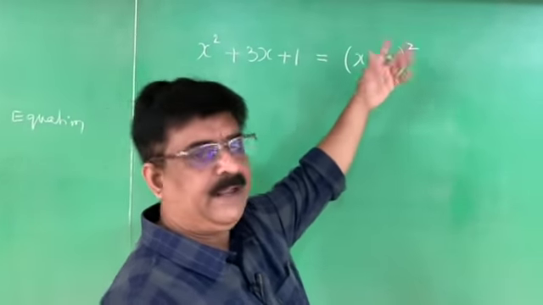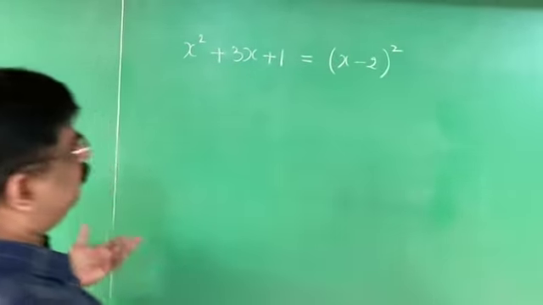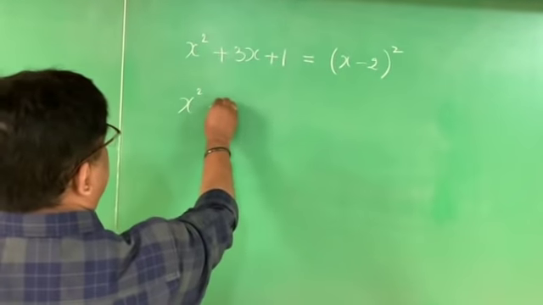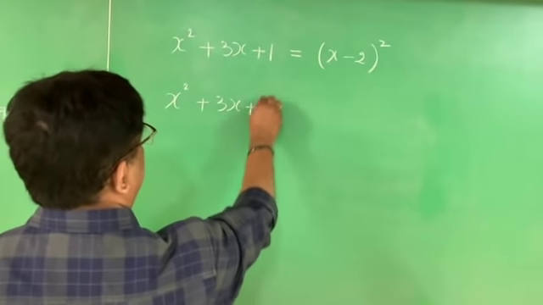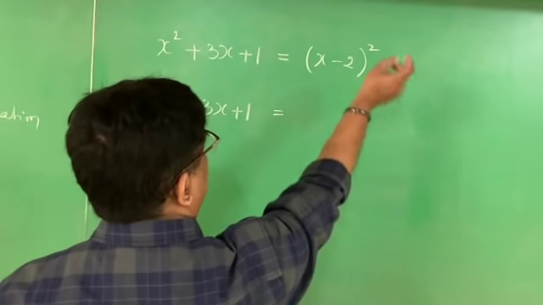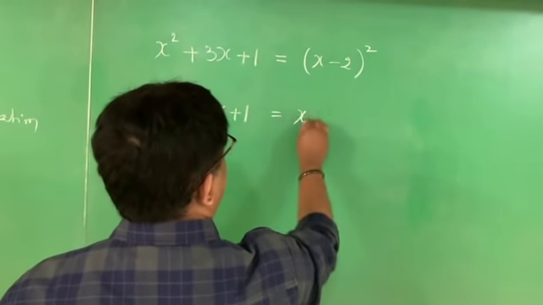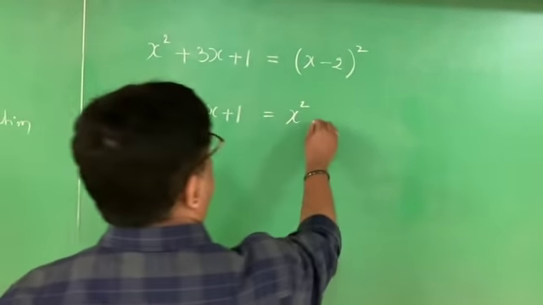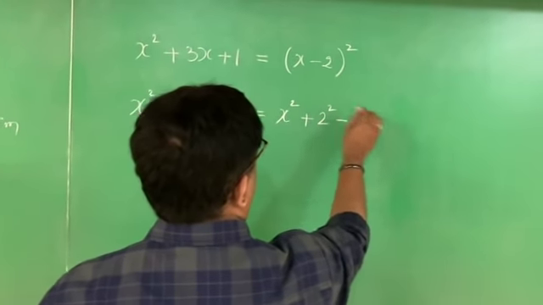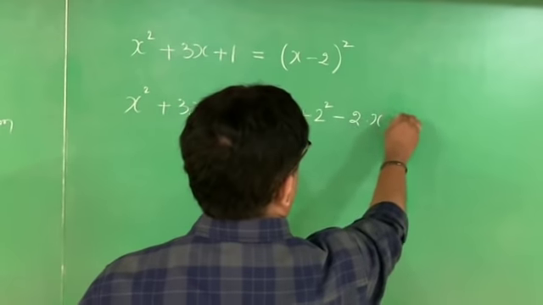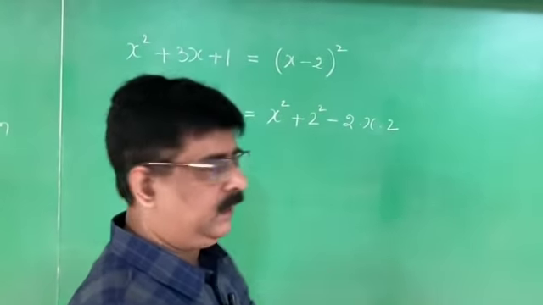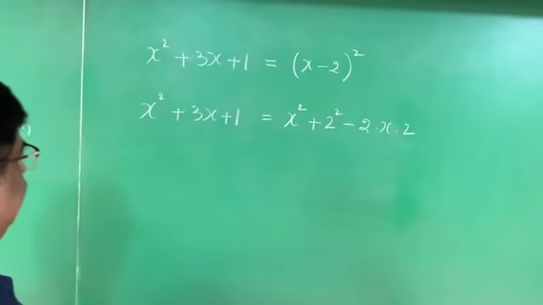It is in the form of (a minus b) whole square. Therefore, this is x square plus 3x plus 1, LHS as it is. (a minus b) whole square is a square plus b square minus 2ab, here 2 into x into 2.